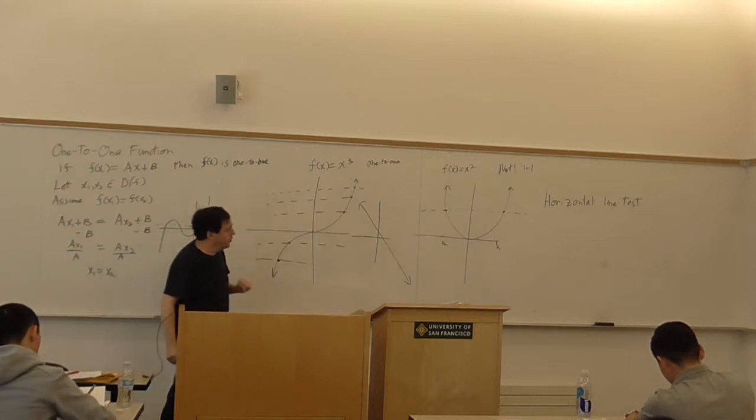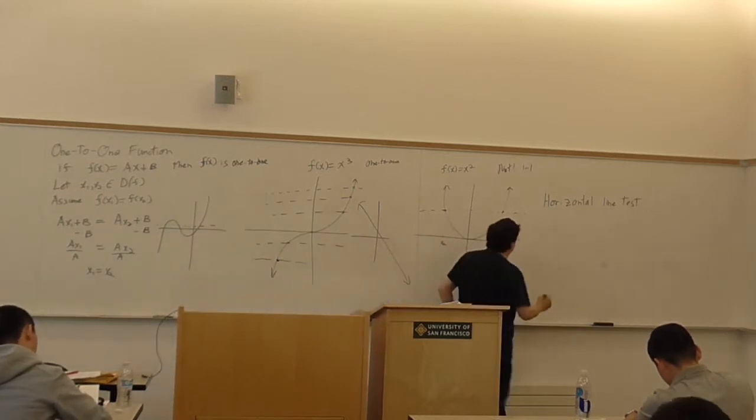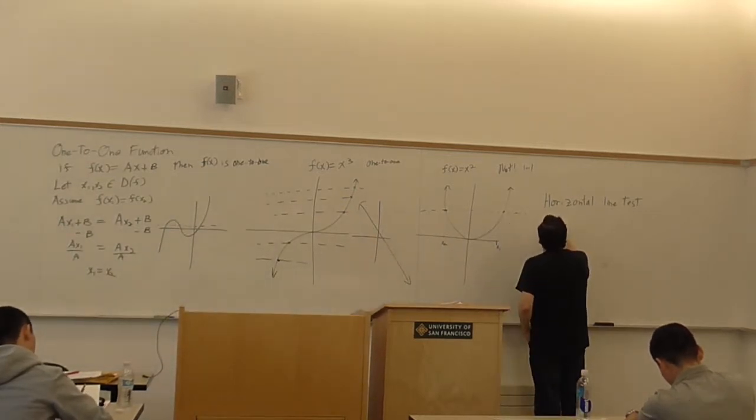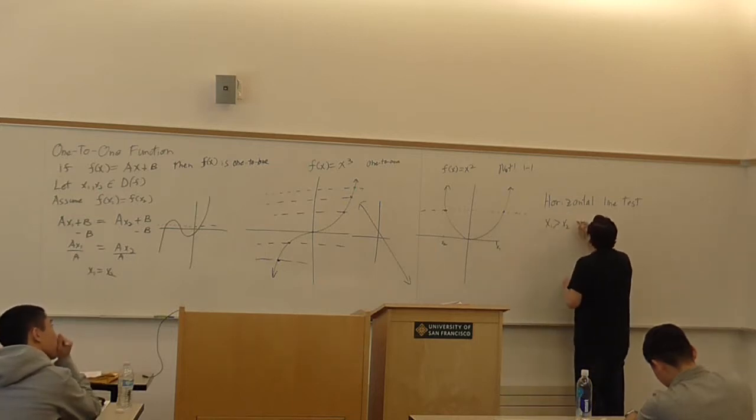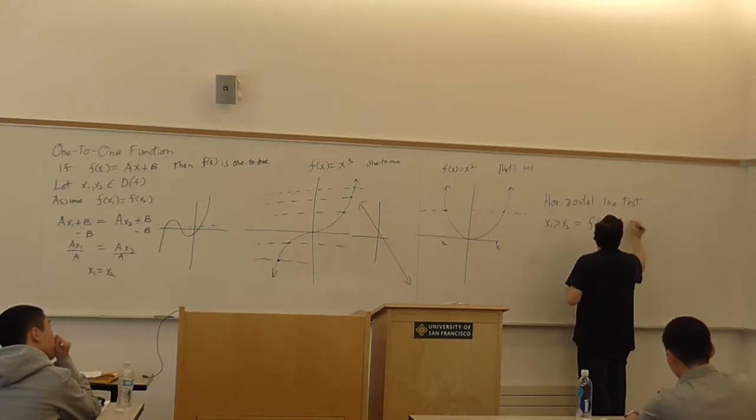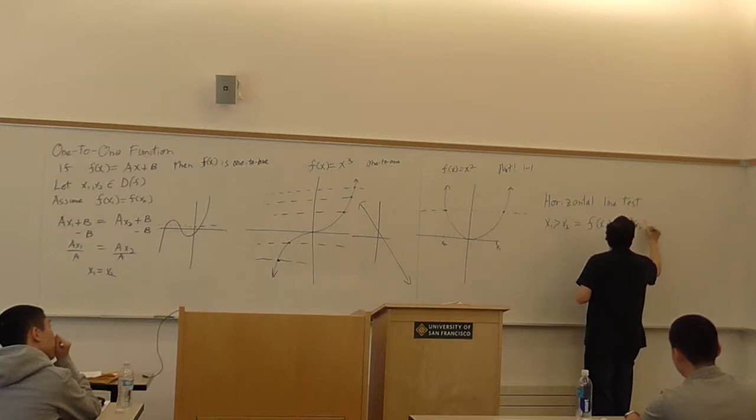Actually, when we talked about increasing functions, I think what we said is that if x1 is greater than x2, then f of x1 is greater than or equal to f of x2.